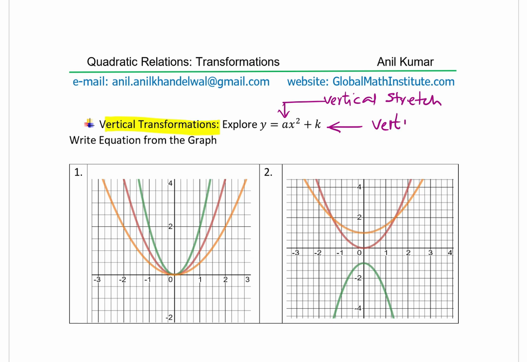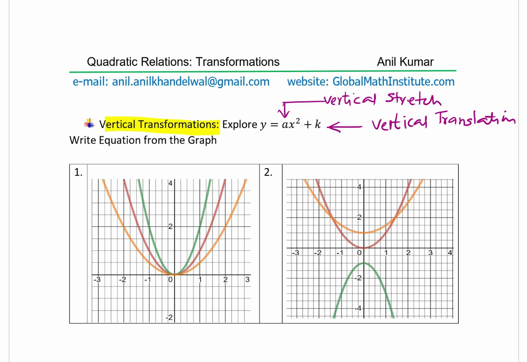We had seen vertical translation earlier, but this time we are going to do the combination. As the name suggests, vertical stretch means that if I am multiplying by a number which is greater than 1, then it gets stretched, means narrower.